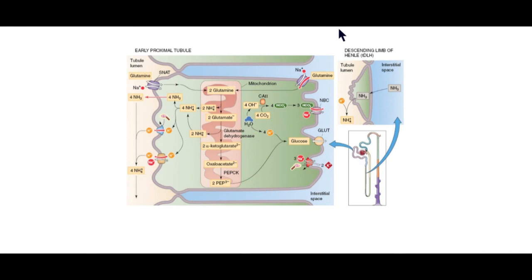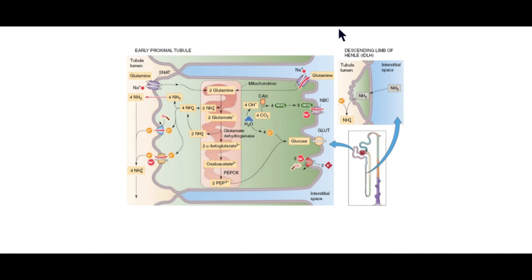So when glutamine comes in, you can convert that with the production of an ammonium ion to glutamate, and then the dehydrogenase makes alpha-ketoglutarate, producing another ammonium ion, and then the end production allows for gluconeogenesis. So the whole purpose of this is metabolizing glutamine to get more glucose.